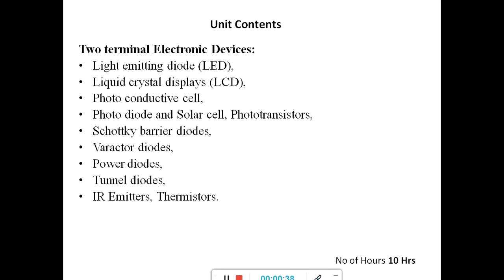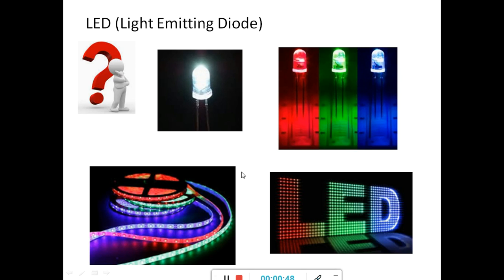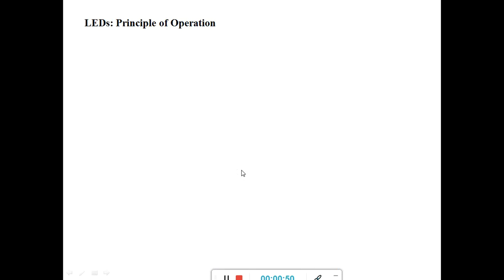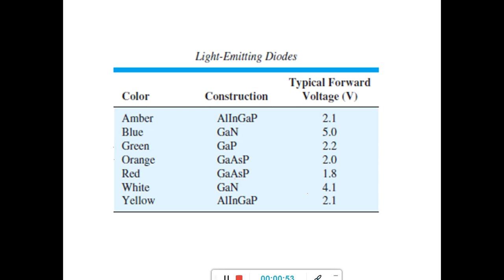So these are all the unit contents. In the last session we did an exhaustive study of the principle and the working of light emitting diodes. These were the contents which we had discussed in our previous session.